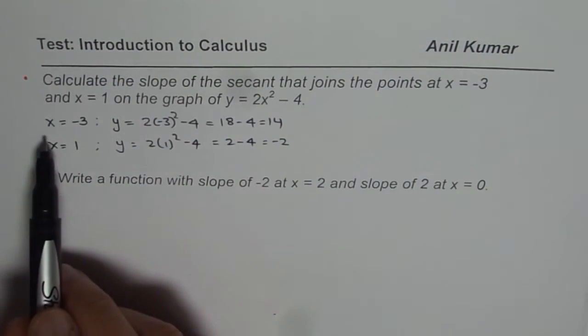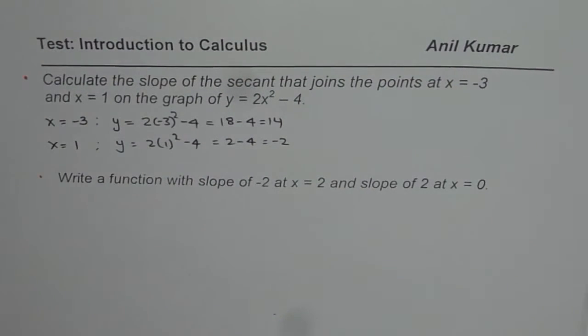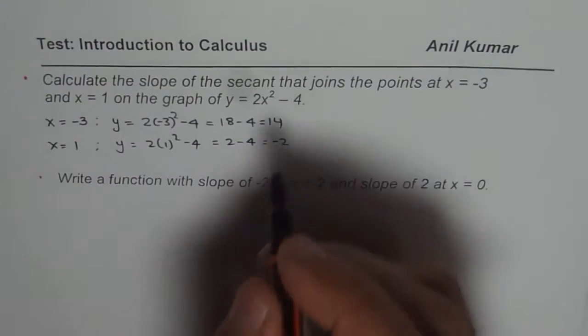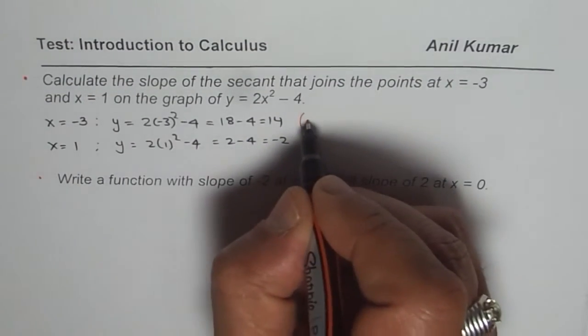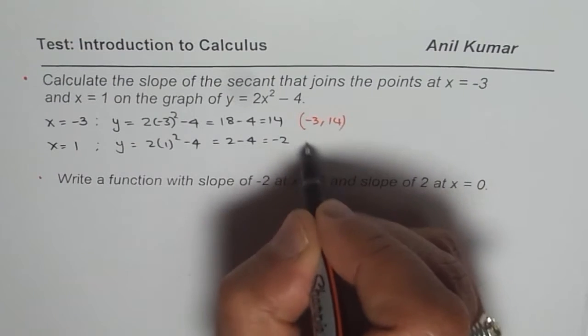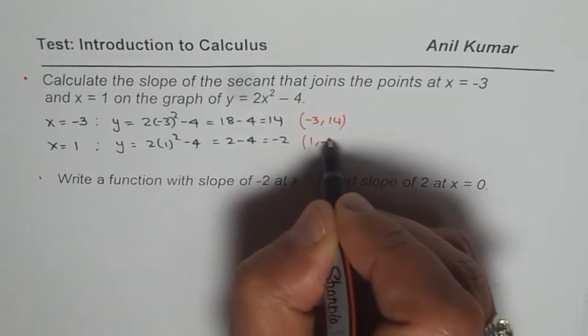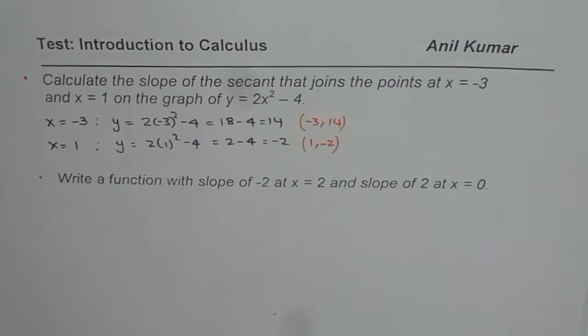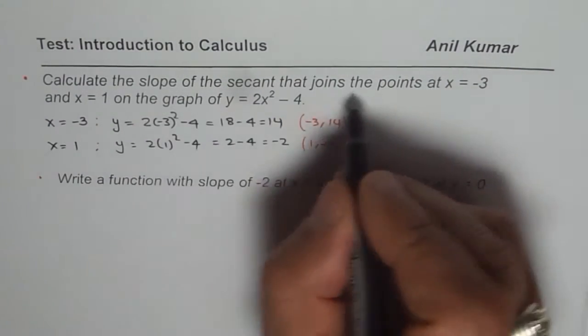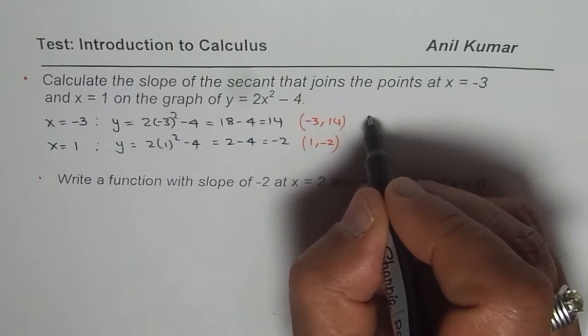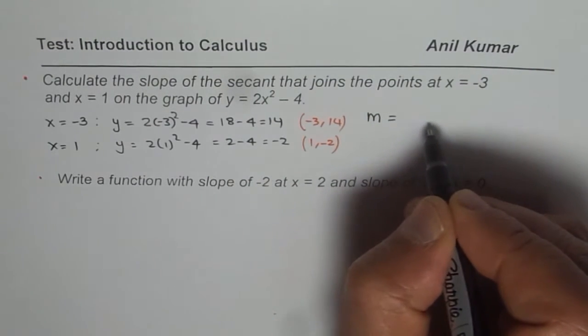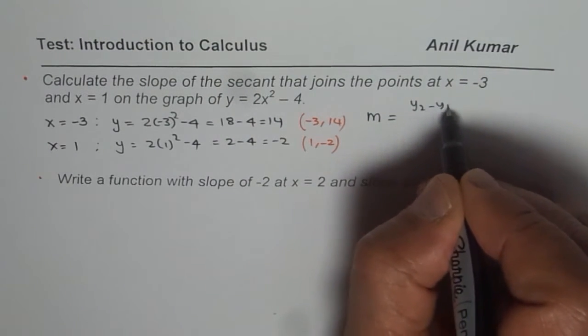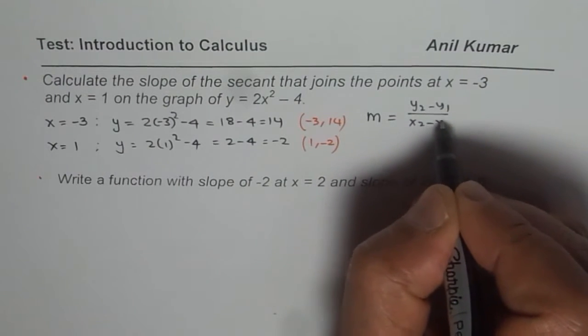So now we know the 2 points. The coordinate points for us now are, so this one is minus 3, 14, and the other one is 1 and minus 2. Since we know 2 points on a function, we can always find the slope of the secant between any 2 points. So slope of the secant m is equals to y2 minus y1 over x2 minus x1.